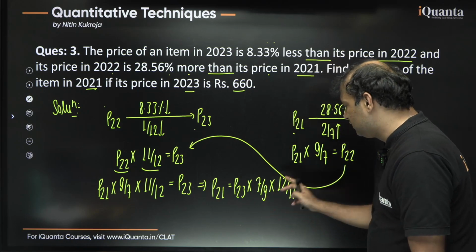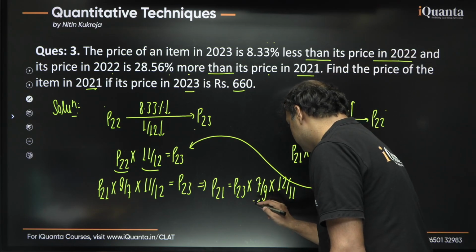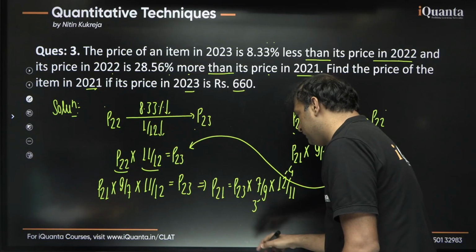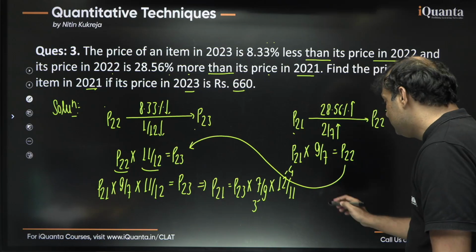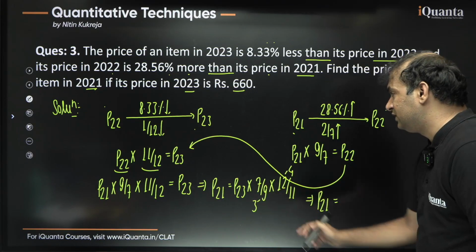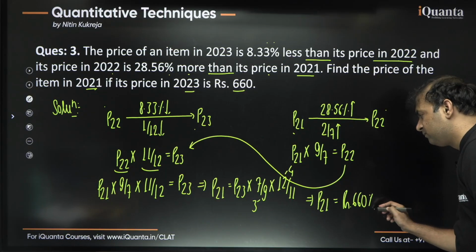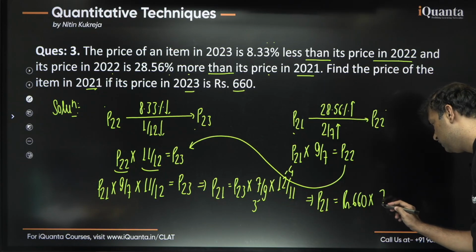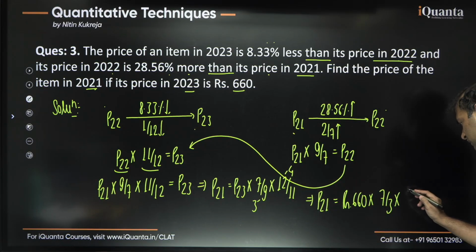Now you see that 9 and 12 are multiples of 3, which you can simplify. This will be 3 and this will be 4, right? And now we can put the value of price in 23, which is 660 as well. So let's see what do we get. Price in 21, writing the price of 23, which will be 660, all right, into, this is now 7 by 3, right? And this is now 4 by 11 because 9 and 12 got simplified.